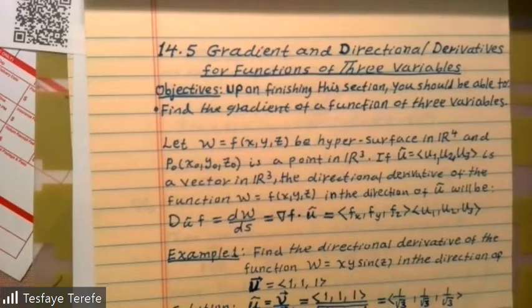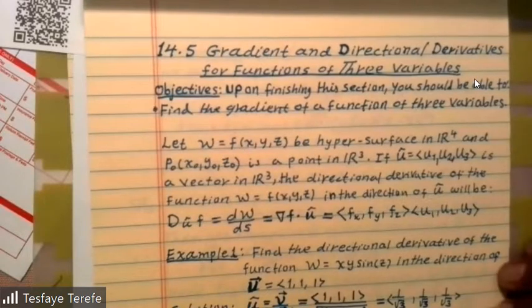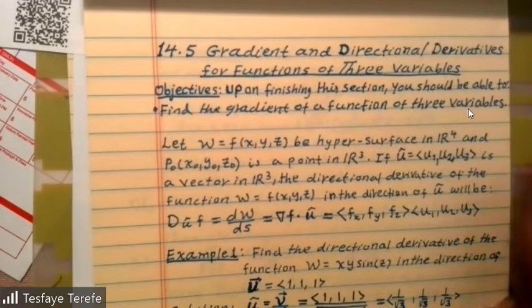The reason we call it a hypersurface is that we cannot really determine the surface in 4 dimensions. So what we have to do is come up with the level surface for that. Just like for a surface, we can come up with contour curves, for the hypersurface we can come up with level surfaces because it is 3D.